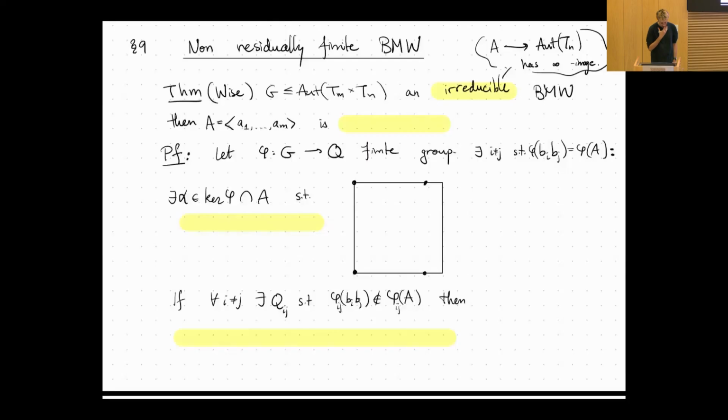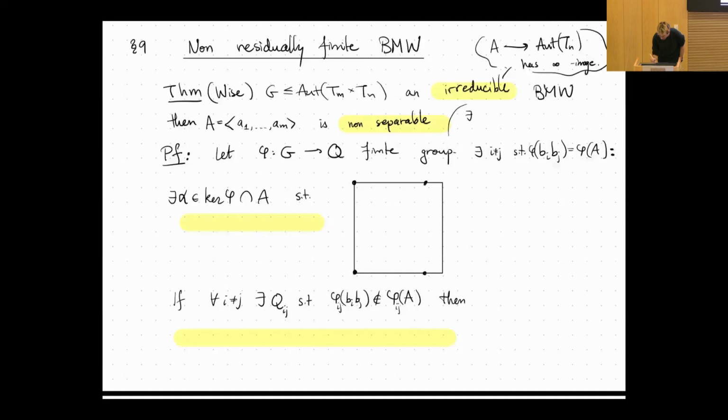Then what I claim is that A, this group, is non-separable. Non-separable means it's not the intersection of the finite index subgroups that contain it. Or let's phrase it slightly differently.